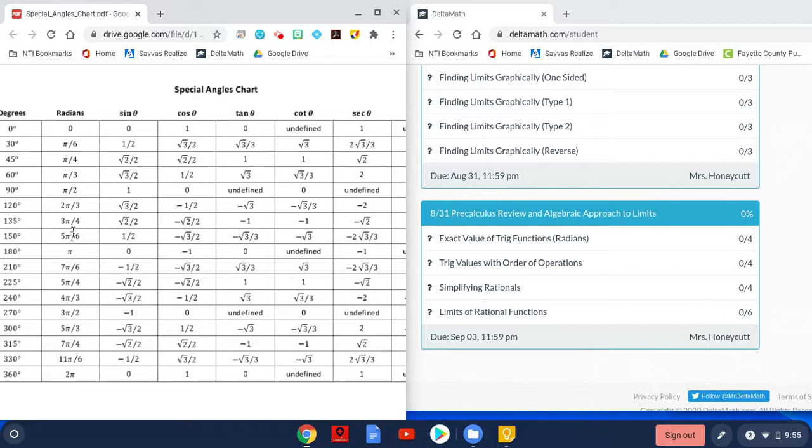I strongly suggest that you either print this out or copy it down, because you're going to use this all year long. There'll be times where you've done all the calculus part, but at the very end, it'll be a question like, I can get my answer as long as I know what the cotangent of 5 pi over 6 is. If you have your chart, you can just look at the cotangent of 5 pi over 6, and then you'll have your answer.